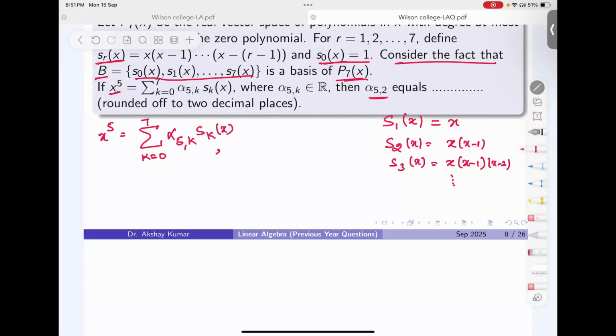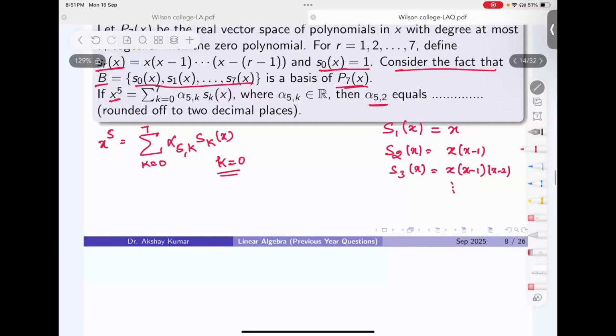Now if we put x equals to 0, right? So you can observe that 0 is a root of all the polynomials, except this S_0(x).